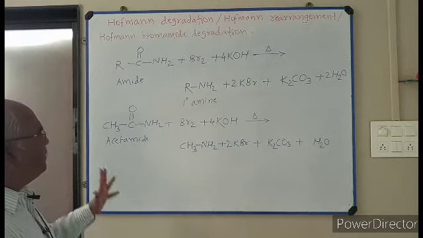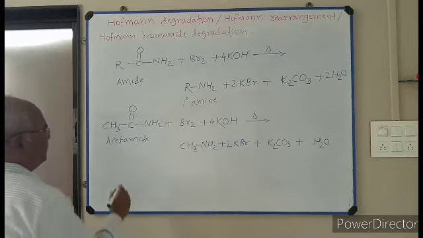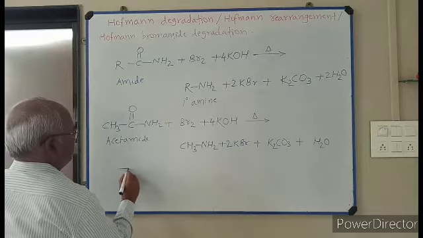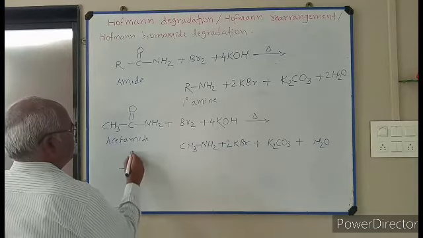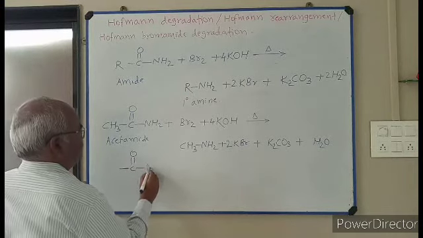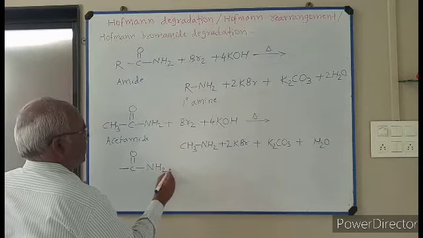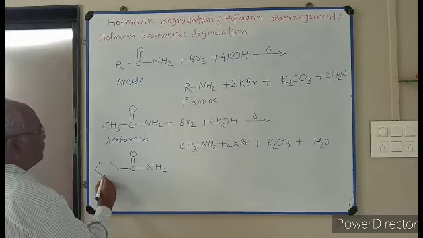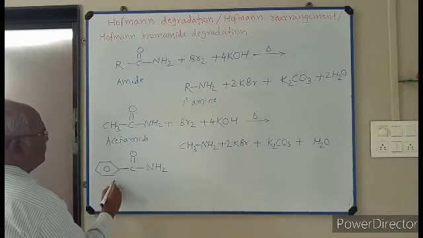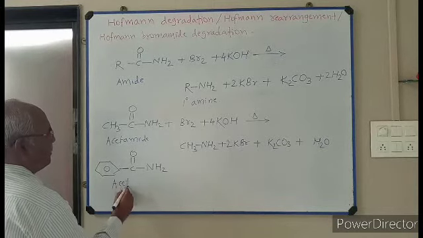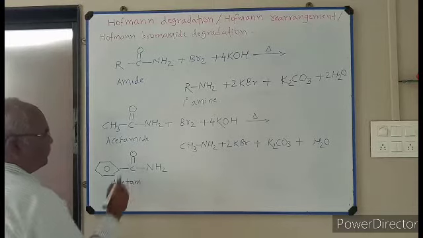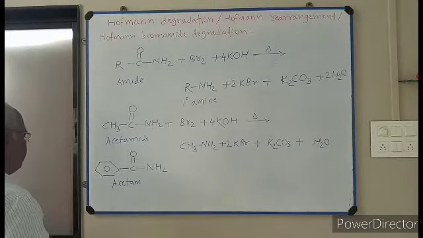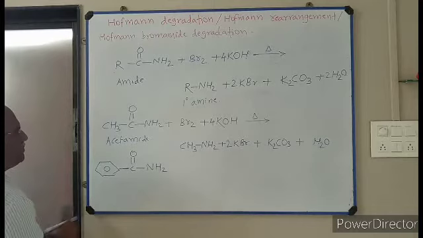Now I take one more example. So you know that C double bond O NH2 group is the amide group. To this amide group a phenyl group is attached. The previous one was the example of acetamide; this is the example of benzamide.